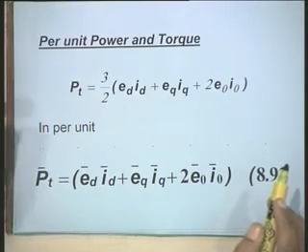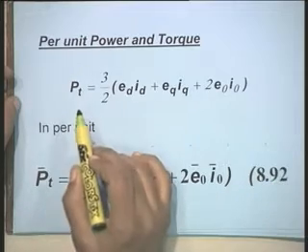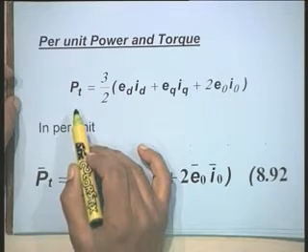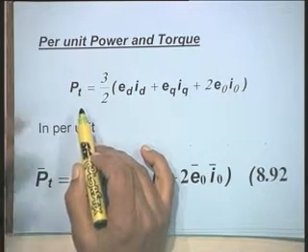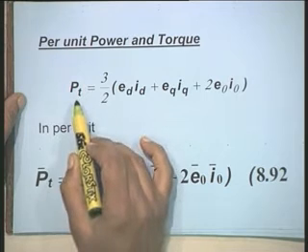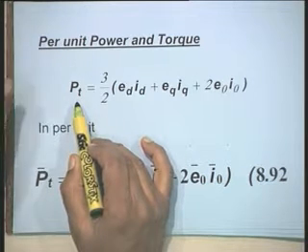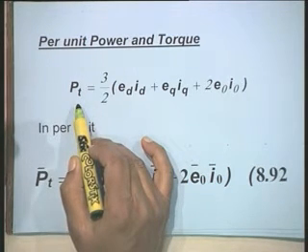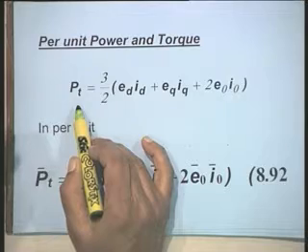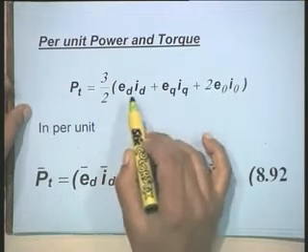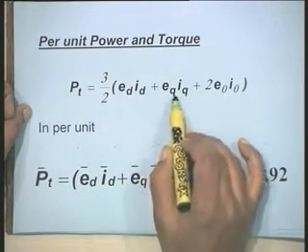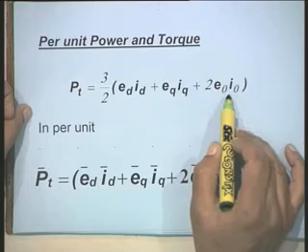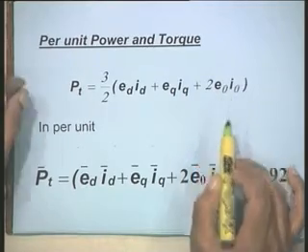Now, further we can express the per unit power and torque. In our previous derivations, the total terminal real power was expressed as 3/2 (ED ID plus EQ IQ plus 2 times E0 I0). Okay, that you can recollect.